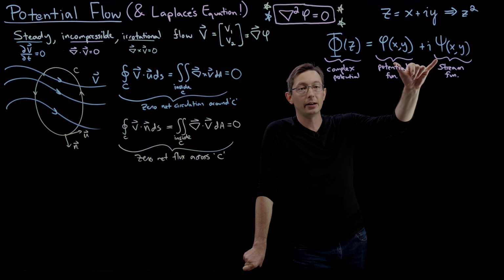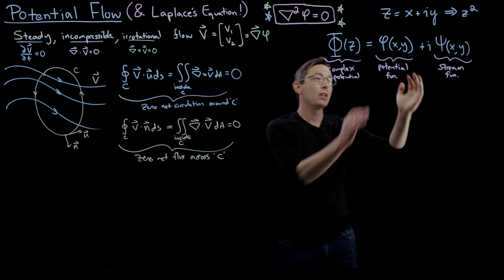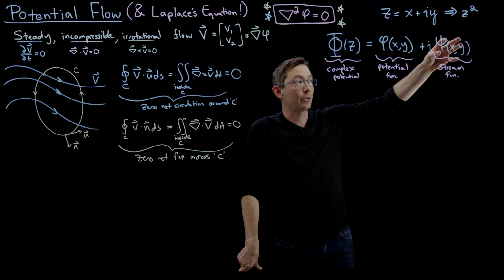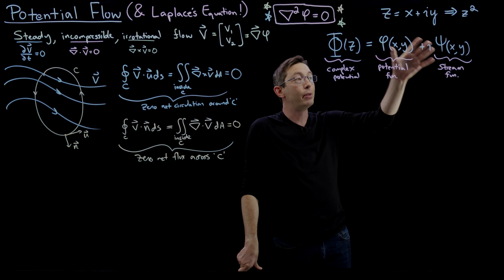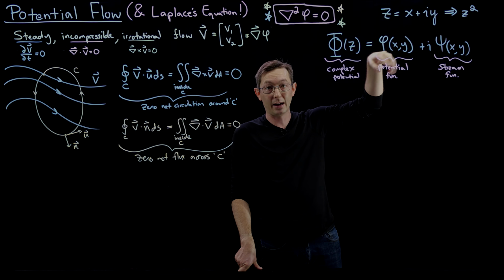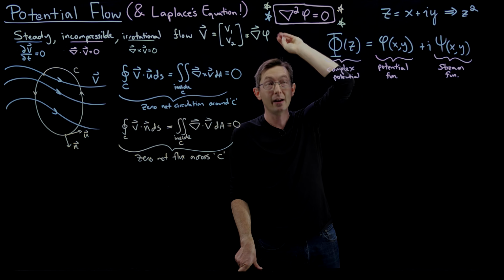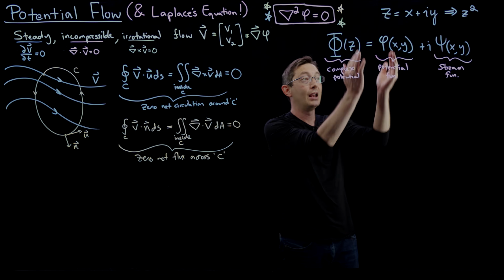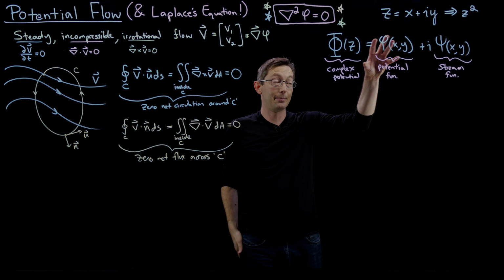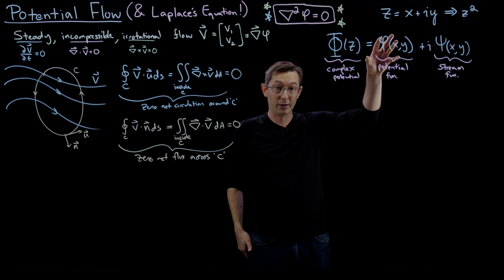And those Cauchy-Riemann conditions essentially guarantee that the real part, phi, and the imaginary part, psi, are both solutions of Laplace's equation. These are both harmonic functions that satisfy Laplace's equation. And these can be used as a potential for potential flows.